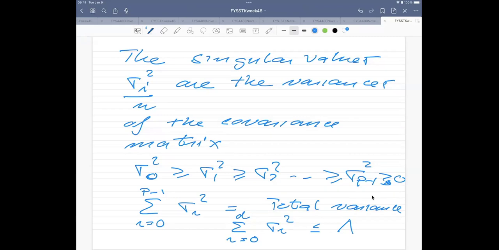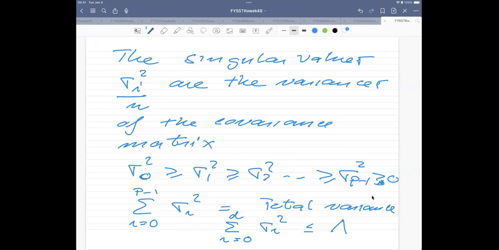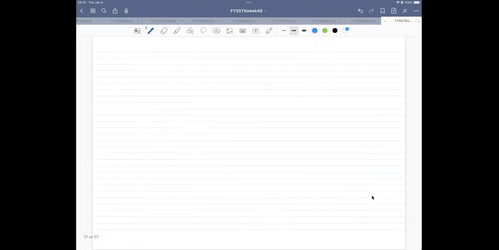Now, how does this connect with an autoencoder where we have a linear transformation? So let's just go back to what we saw before the break. When we looked at the error which we want to study, we had a 1 over n.